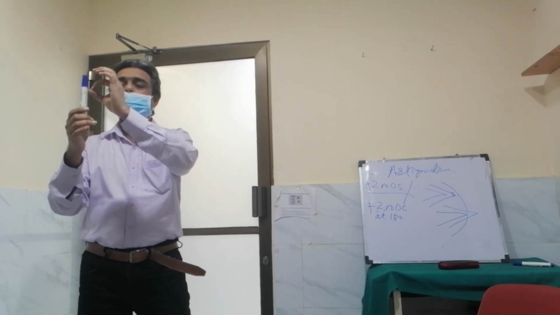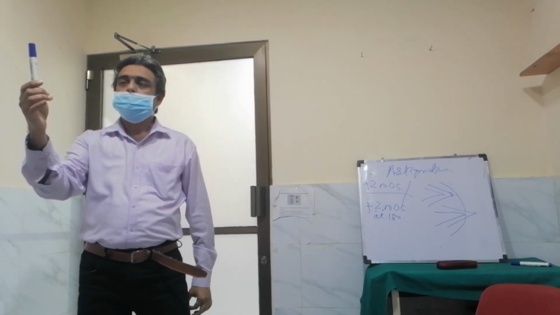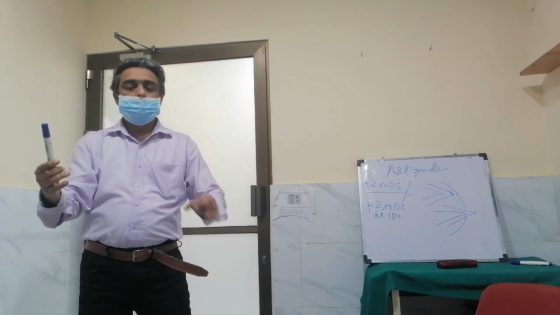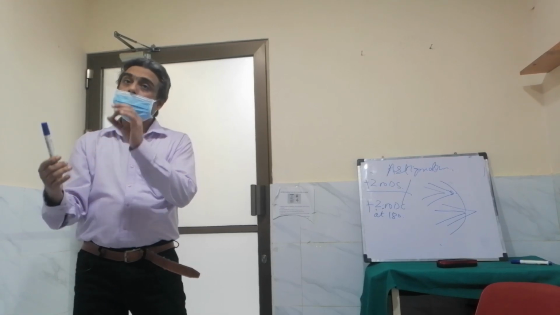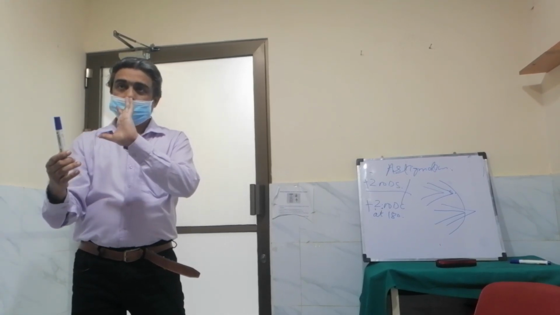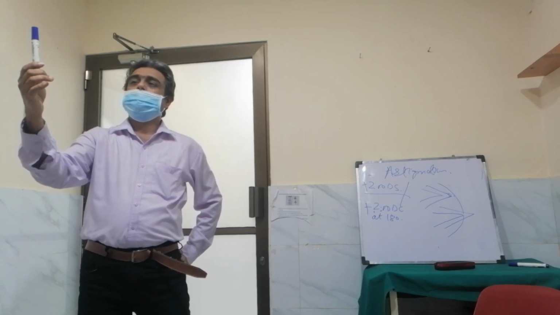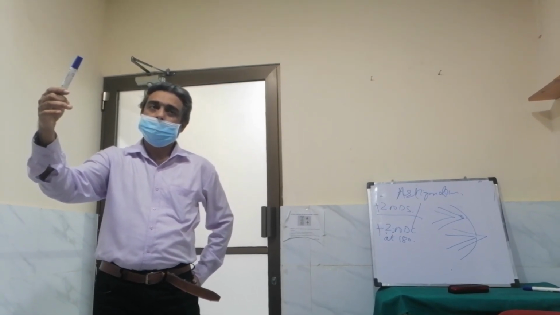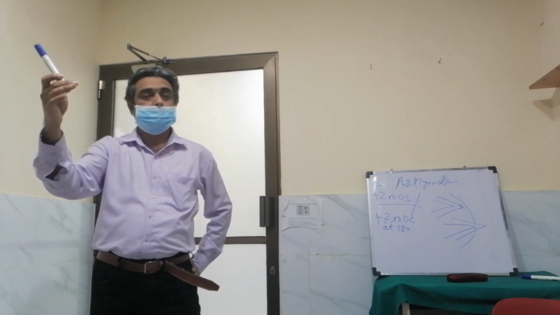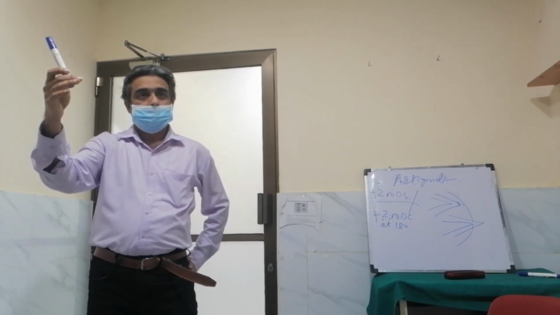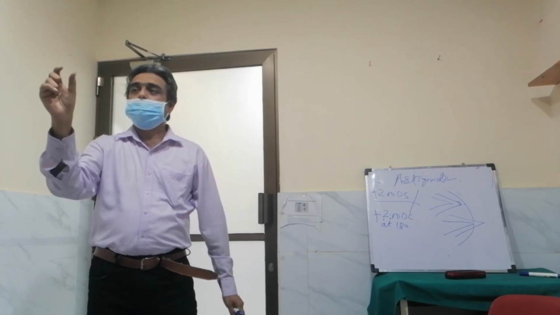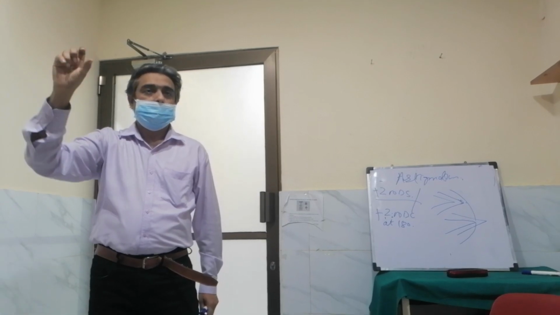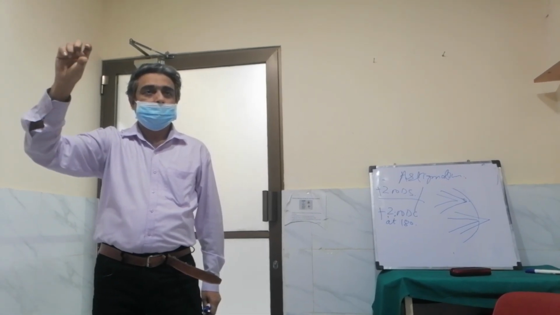If you see through -2 spherical, you will see this pen as small and far. If you see through -2 cylindrical lenses, you will see this pen tilted like here or here, according to the position of the lens which we rotate, according to the axis.